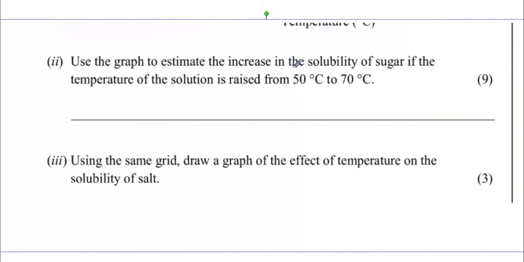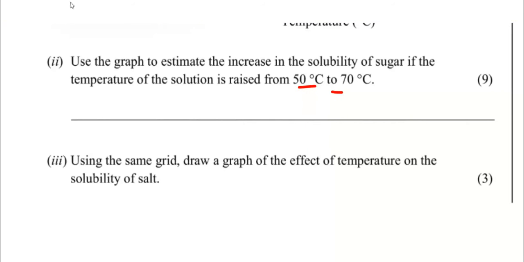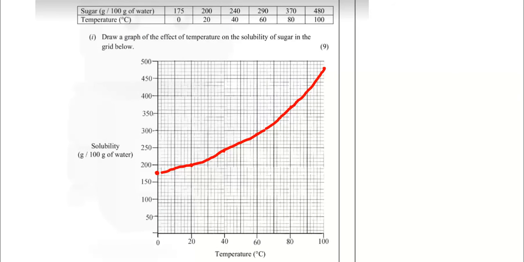Use the graph to estimate the increase in the solubility of sugar from 50 to 70 degrees. Okay, so 50. Let's go to 50 degrees here. We use a dotted line. 50, which is 270, and 70, which is around 320.